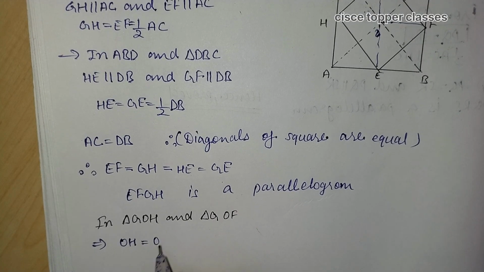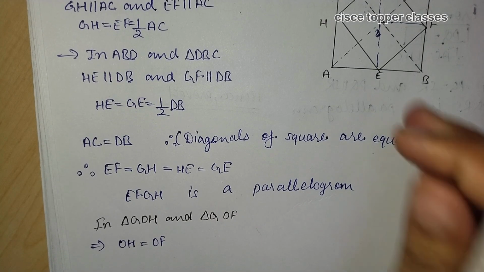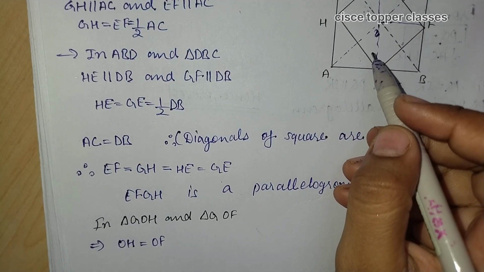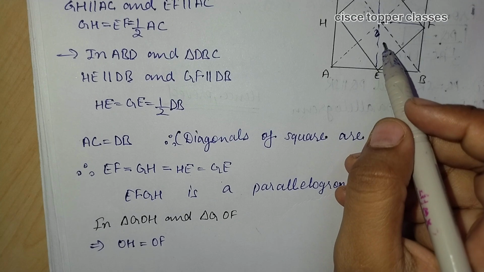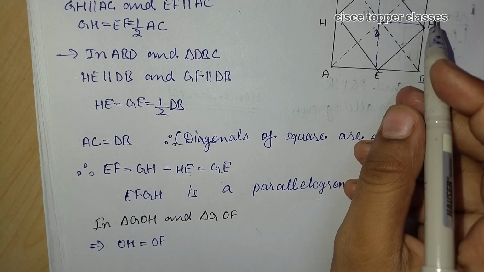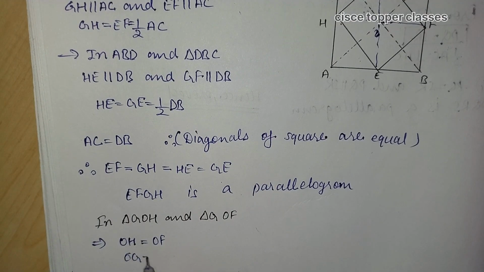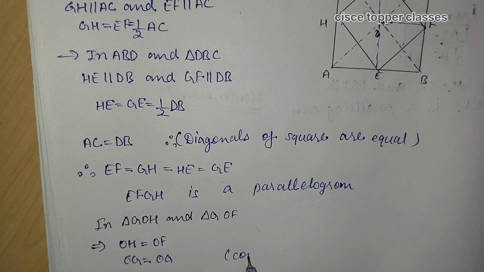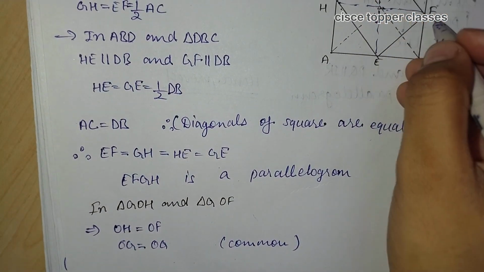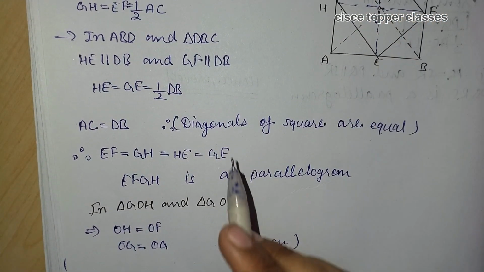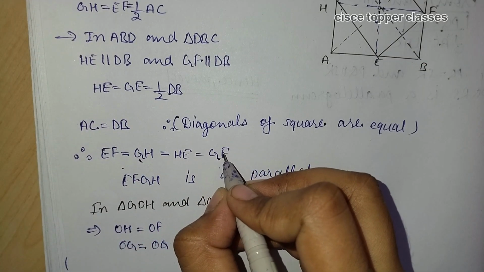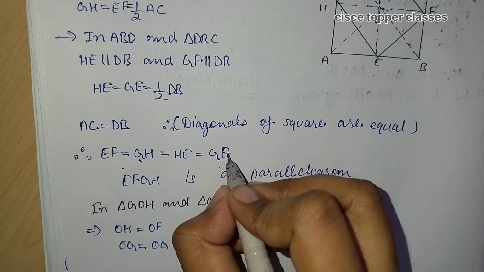OH is equal to OF because the diagonals of a parallelogram bisect each other. So these are equal, and OG is common, so this will also be equal. And GH is equal to GF from what we showed earlier.